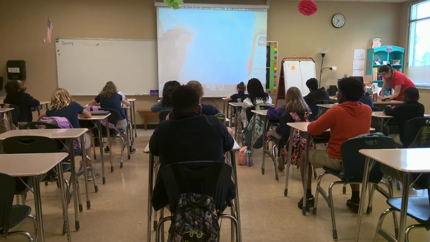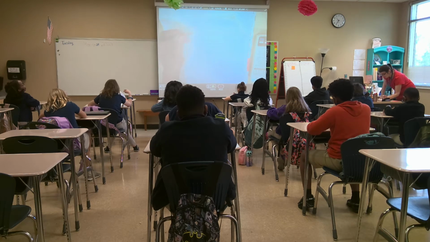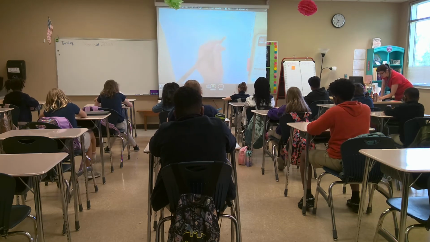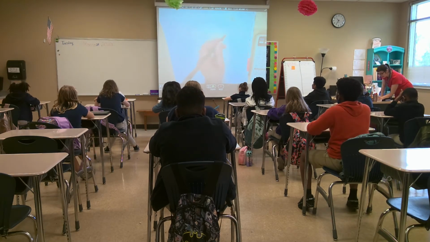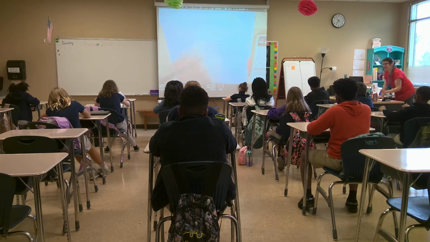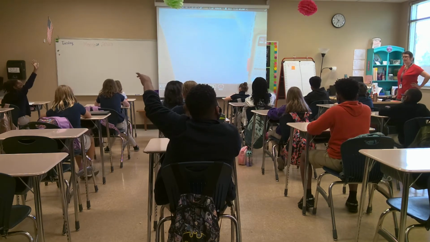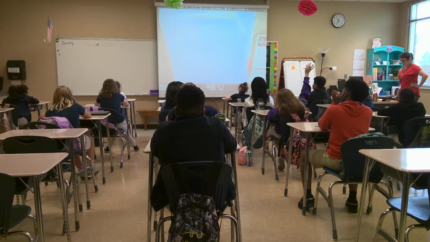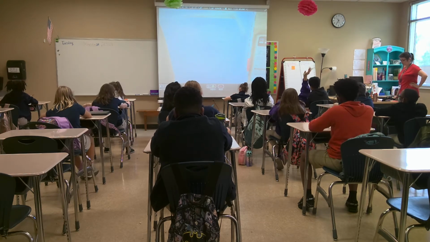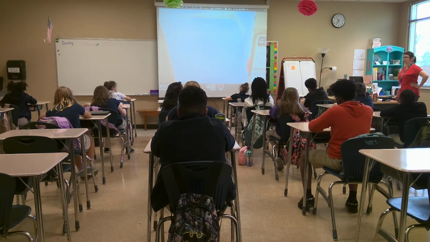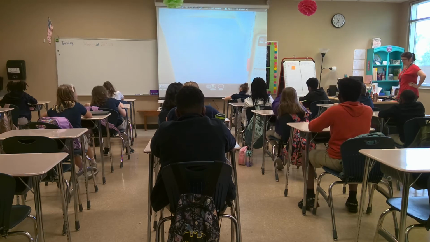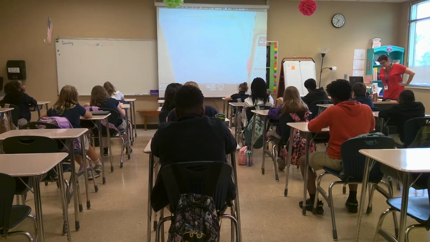Oh, another action word. We're going to support my answer with clear evidence. What does it mean when they say text evidence? You use your evidence from the story. Very good. Which letter in RACES are we doing? C. Very good, cite.